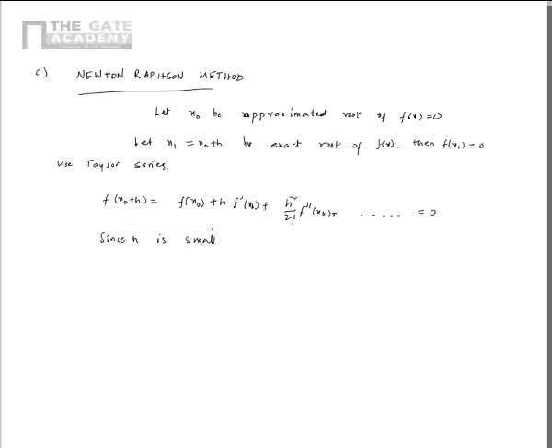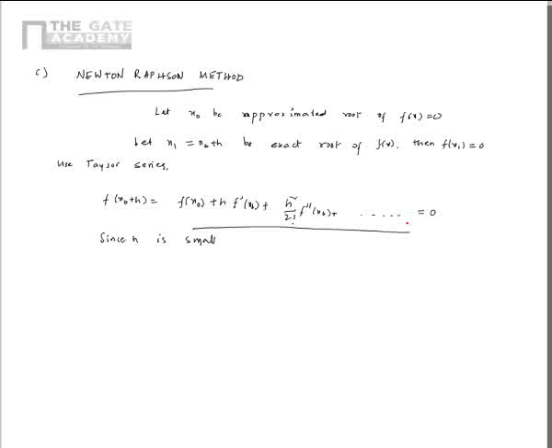now if suppose it happens that you are able to find out h from this entire equation, then you can directly get the exact root. It's not some approximated root or nearby root. You can imagine some point, and then you can calculate h from this equation, and the job is done. Okay, you can just add h which you have calculated to x naught, and x naught plus h will be the exact root.